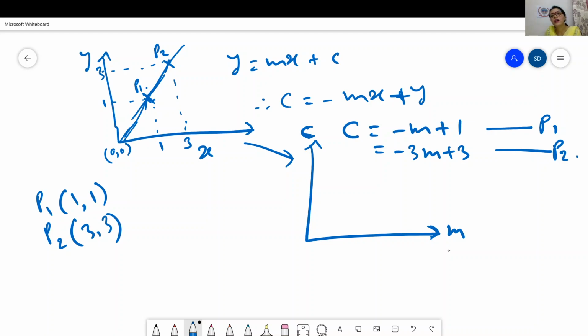So if I put c equal to 0, what value of m will I get? In case of c equal to 0, I will get m equal to 1. So somewhere here the value comes. Both P1 and P2 will lie at this particular point.